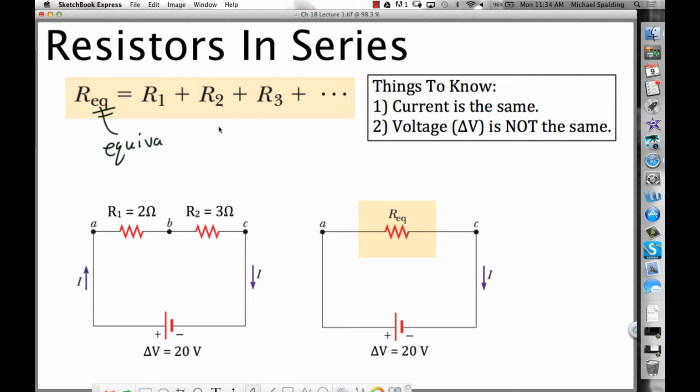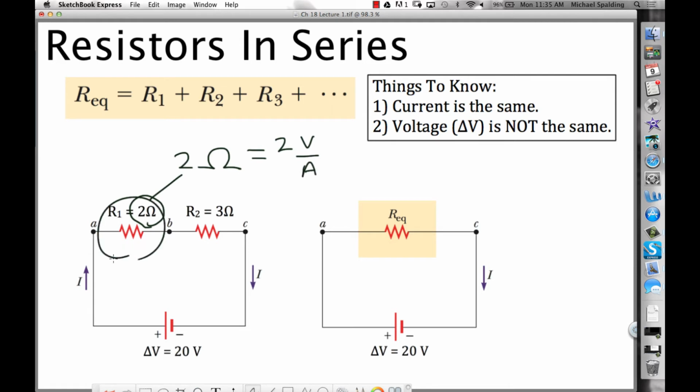If you have a 2 ohm and a 3 ohm, oh, and real quick, I never mentioned this unit, this ohm, this horseshoe. Just make note of this: an ohm is a volt per amp. So if you say this is a 2 ohm resistor, you're saying you need to have 2 volts across that resistor to get 1 amp.